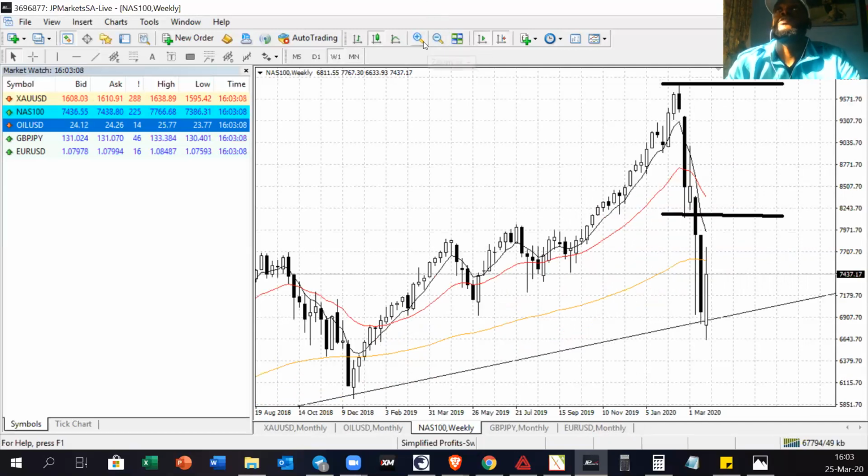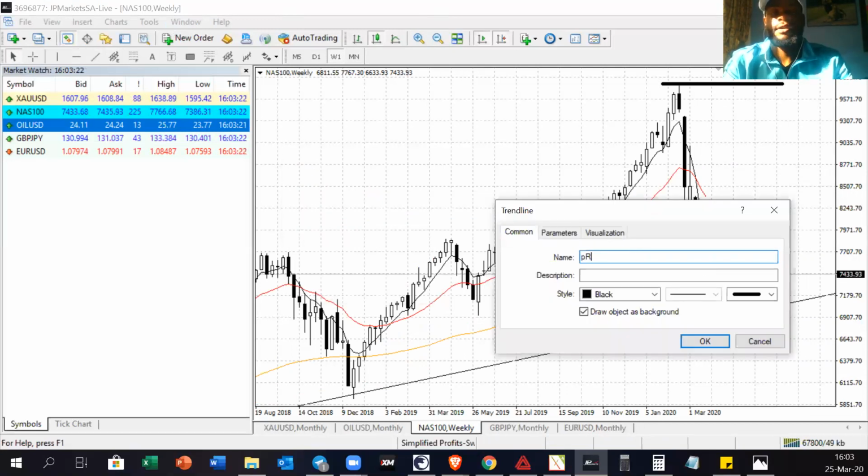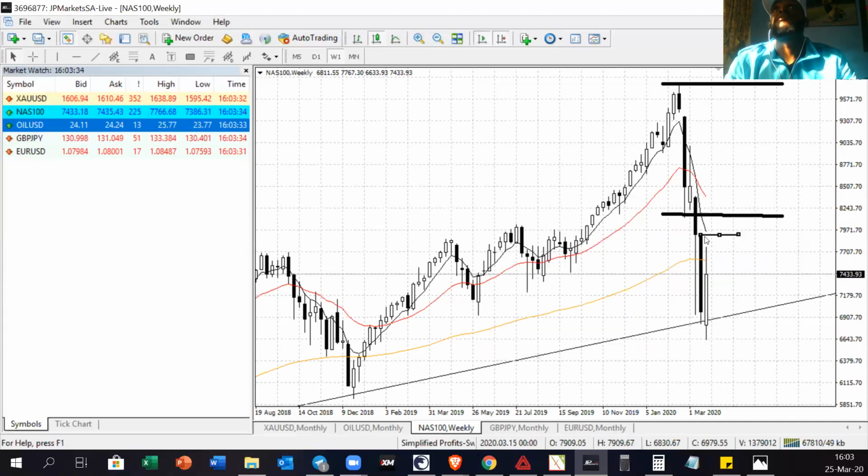So right now, I just went down to the weekly chart and same concept. I'm sure by now you guys have seen the simplicity of my methods. Previous week's high and previous week's low. So we've already broken the previous week's low.